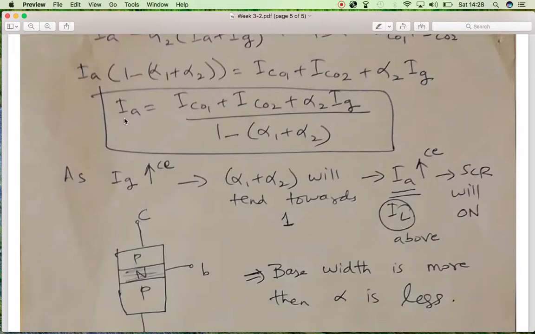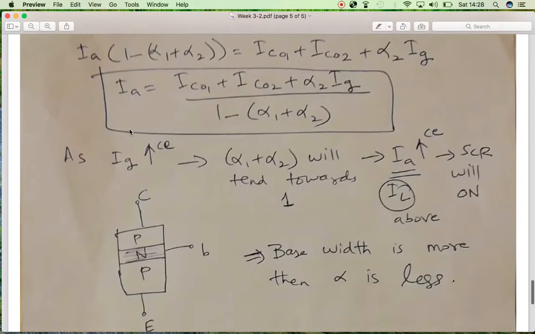And we know that in SCR, when SCR is on, the anode current flows. So we have to derive an equation in which we can see how the anode current is related in transistor language, and we have to understand the operation of the SCR in terms of transistor language.